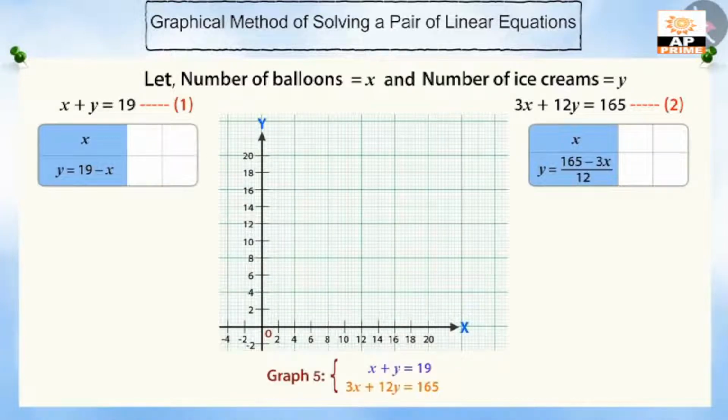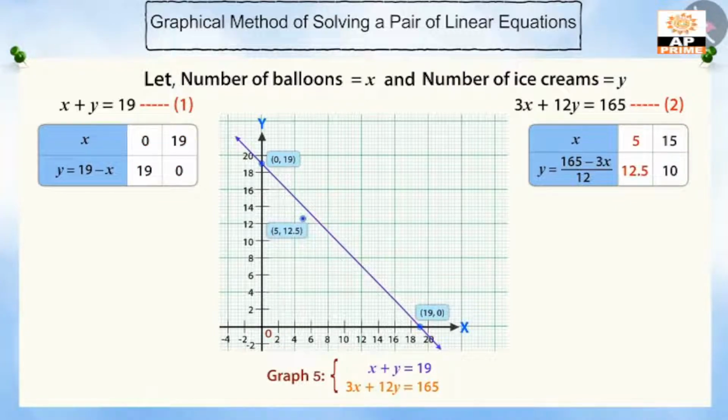To find this, in both the equations, for some values of x, find the corresponding values of y. Plot these points on a graph paper to get a pair of straight lines. Both these lines intersect at the point (7, 12), which is the only common point for both the lines.